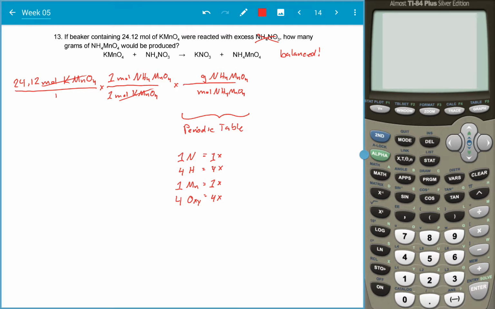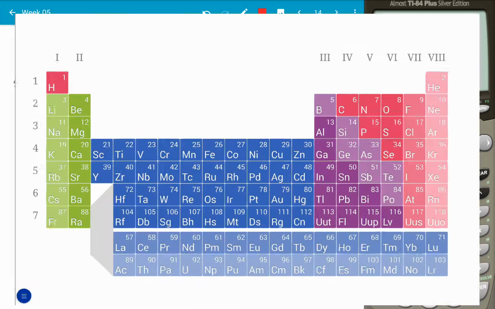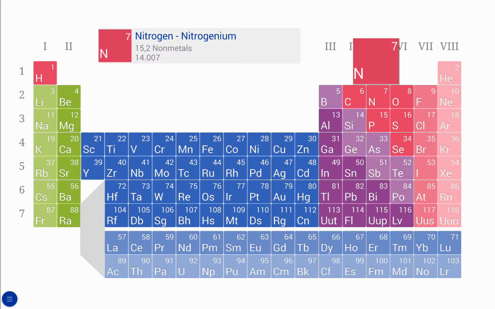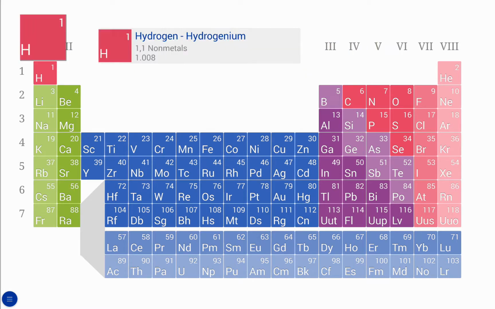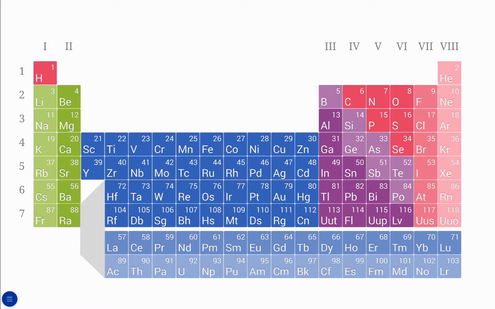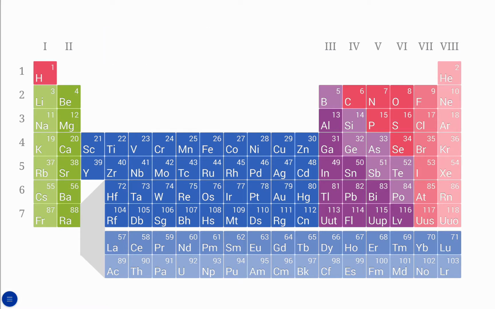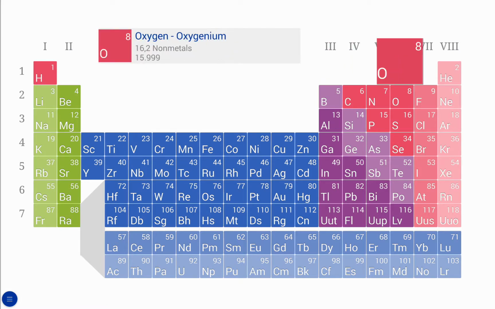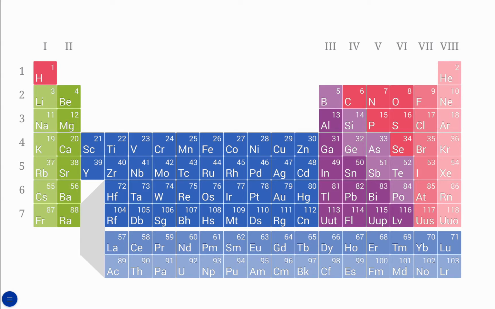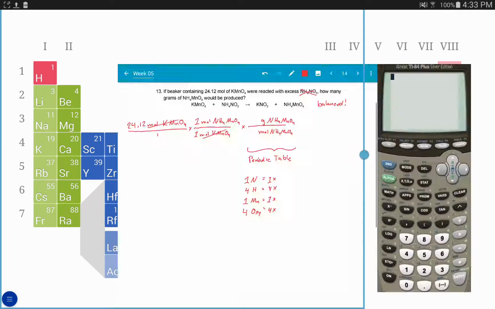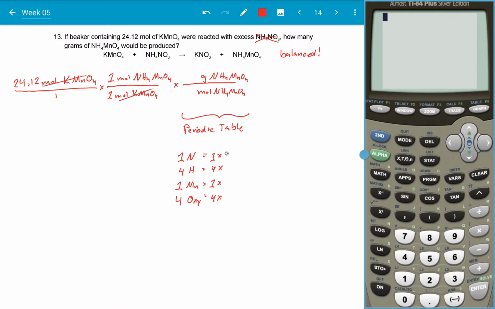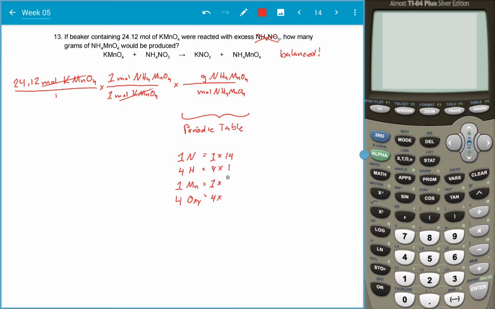Now, if we go to our periodic table, we see that nitrogen has a weight of 14, hydrogen has a weight of 1, manganese, we could round that to 55, and oxygen has a weight of 16. So 14, 1, 55, and 16.